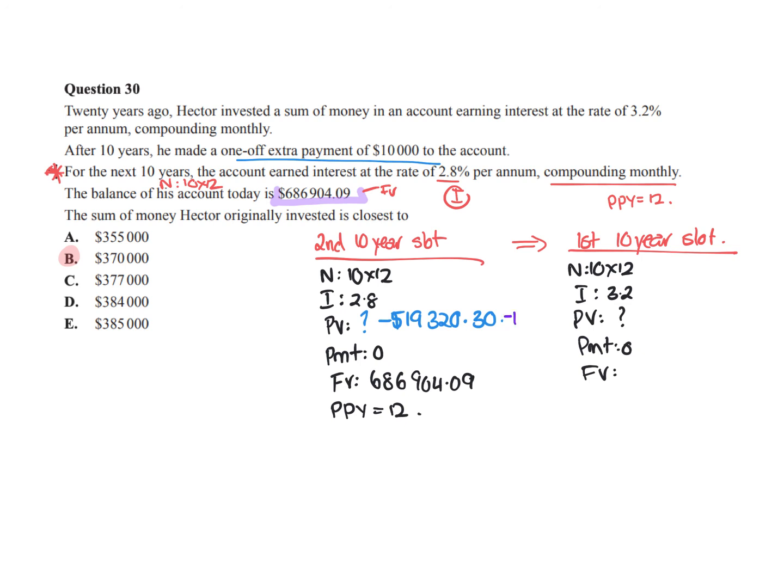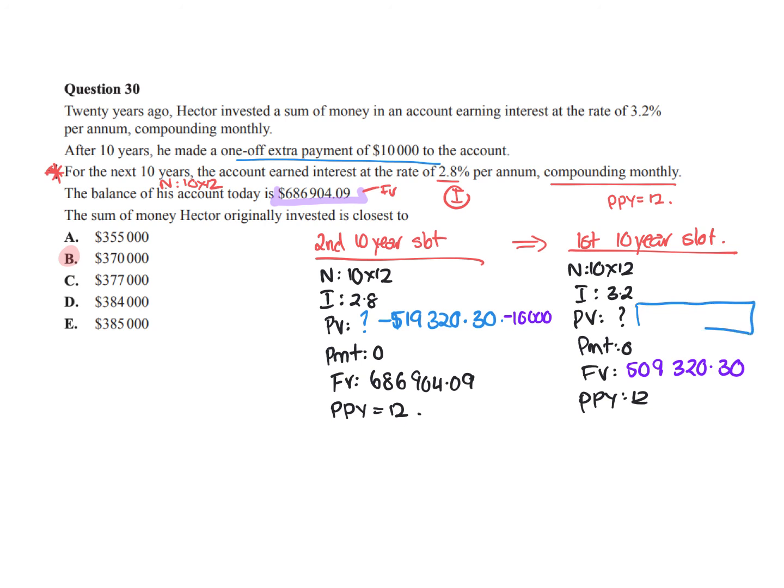So we're going to minus 10 grand out of this. Yeah? So if I put that in, it's going to be 509,320.30. So is everyone happy with me doing that? Because if he puts 10 grand in, I want to take that out before we start.